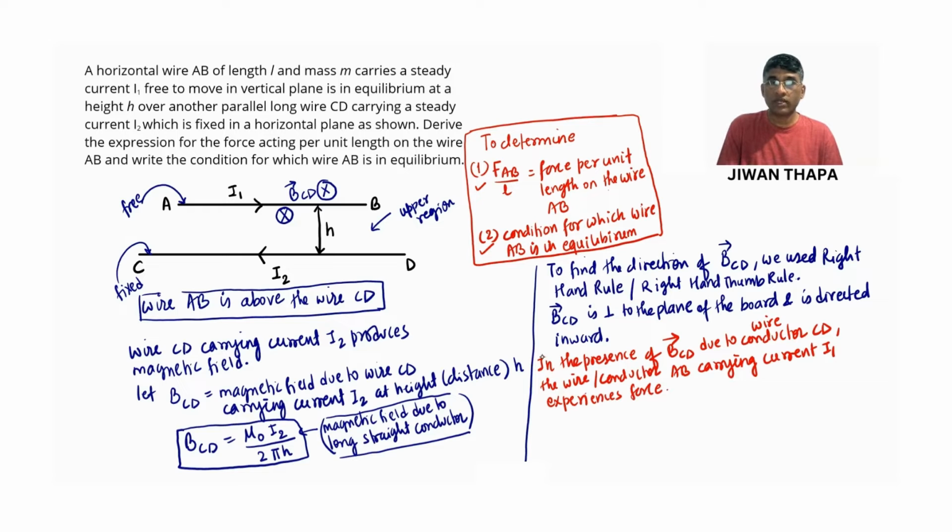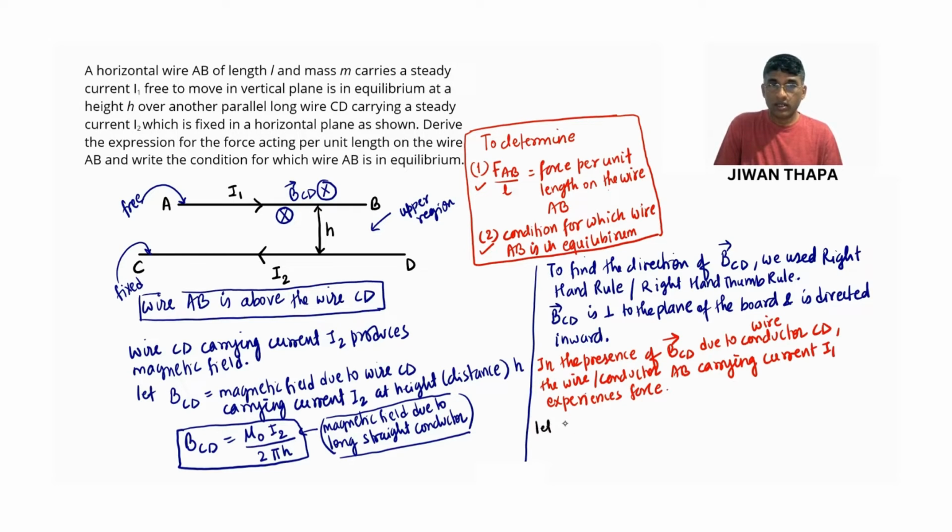So we have this: in the presence of magnetic field due to current carrying conductor or wire CD, the wire or conductor AB carrying current I1 experiences force.